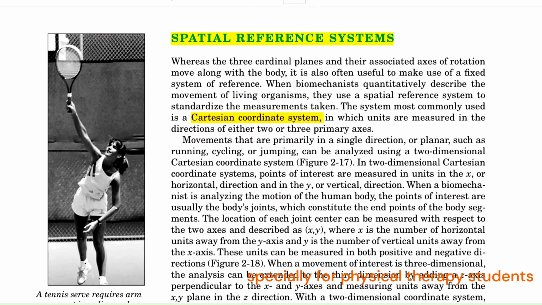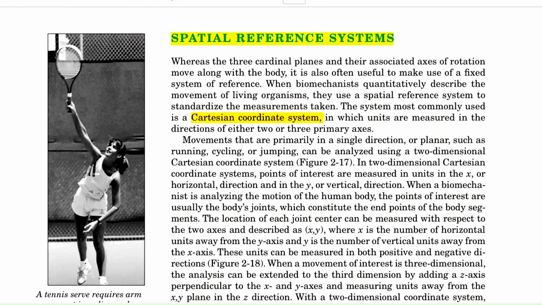Your joints are the point of interest in every movement, so taking your joint as the point of interest, we can draw the x and y axes tracking that joint. For instance, if we track the knee during a sprint, a race, or any activity requiring a lot of knee movement, it can be measured relative to the x and y axes. This is the two-dimensional system.